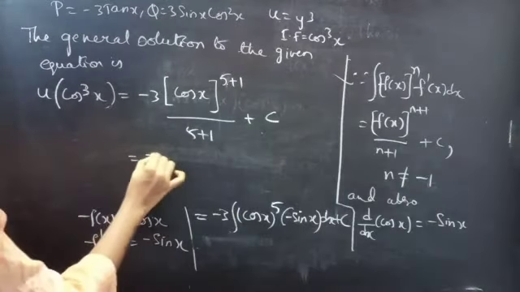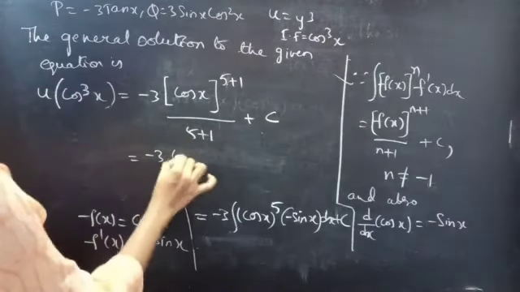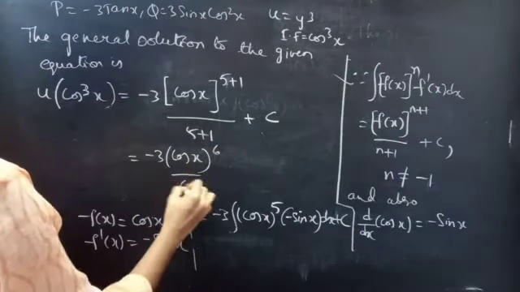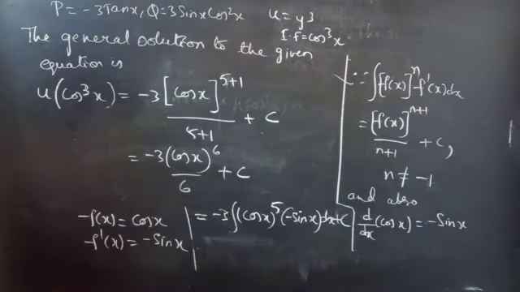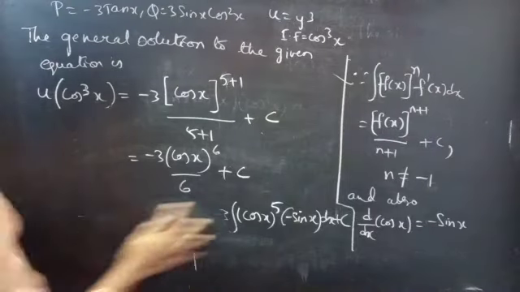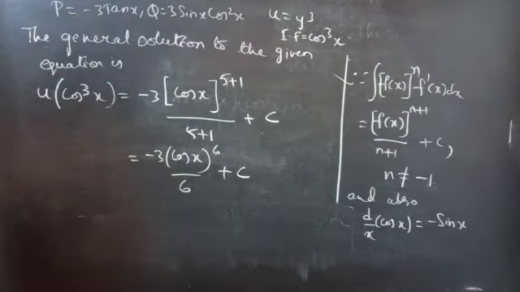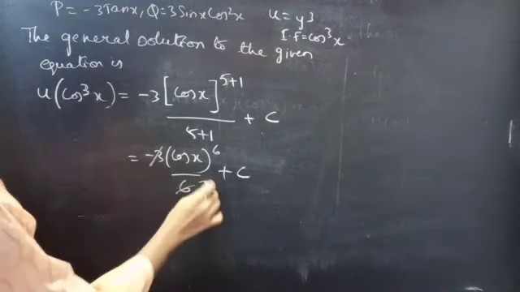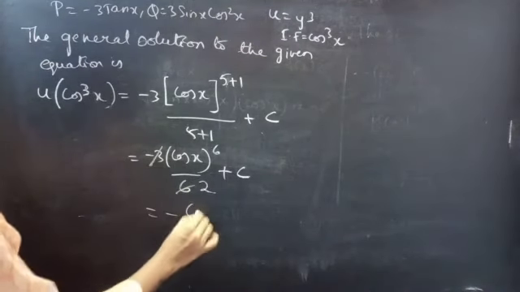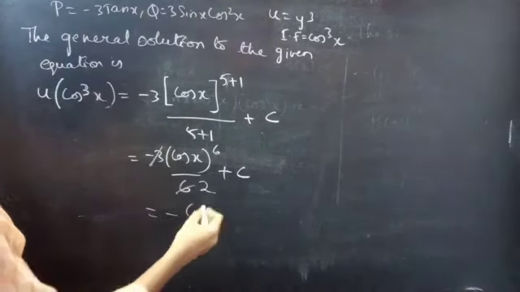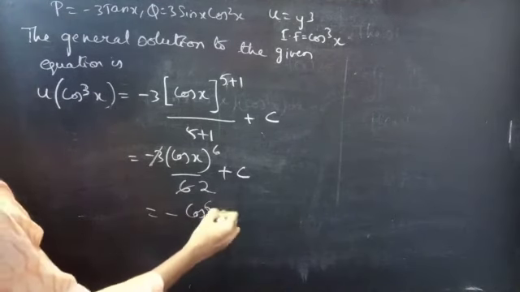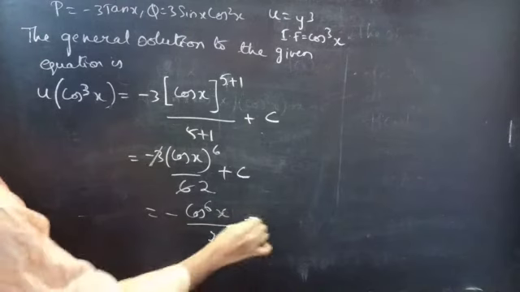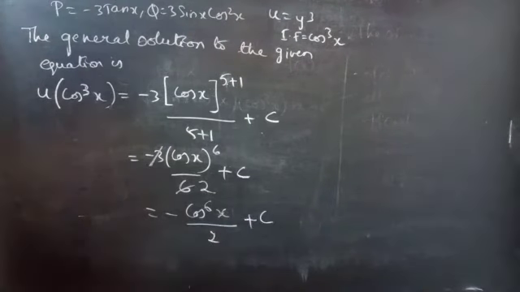This equals minus 3 into cos x power 5 plus 1 is 6, by 6, plus c. Three ones are 3, three twos are 6, so this equals minus cos power 6x by 2 plus c.